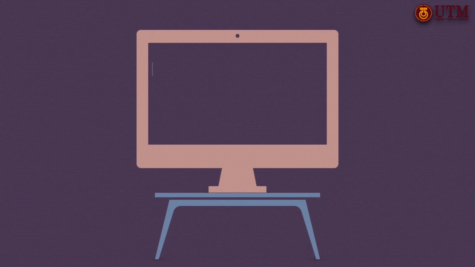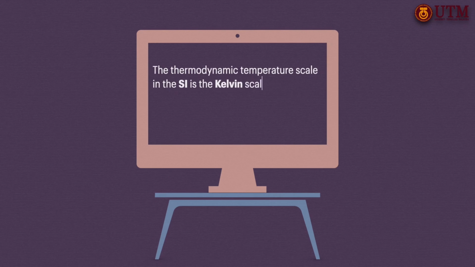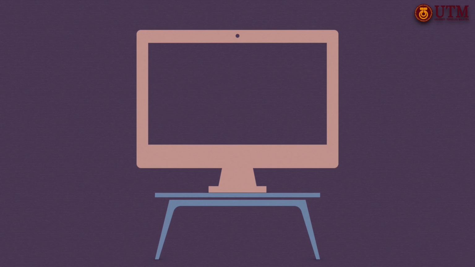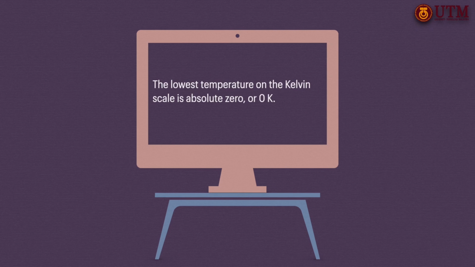The thermodynamic temperature scale in the SI is the Kelvin scale, named after Lord Kelvin. On this scale, the temperature unit is the kelvin, designated by K. The lowest temperature on the Kelvin scale is absolute zero, or 0 Kelvin.